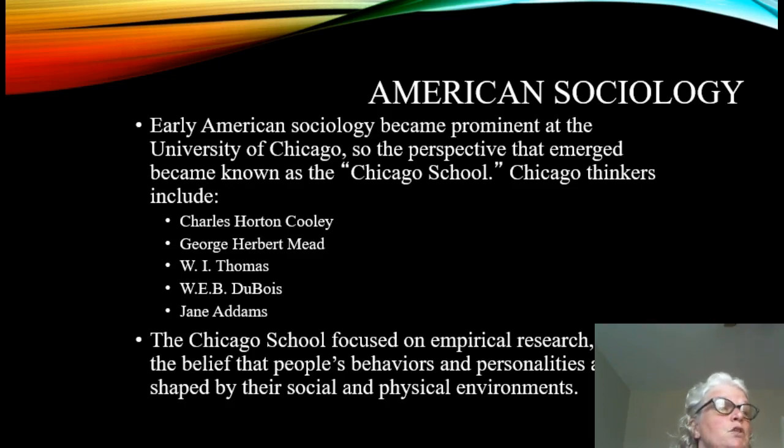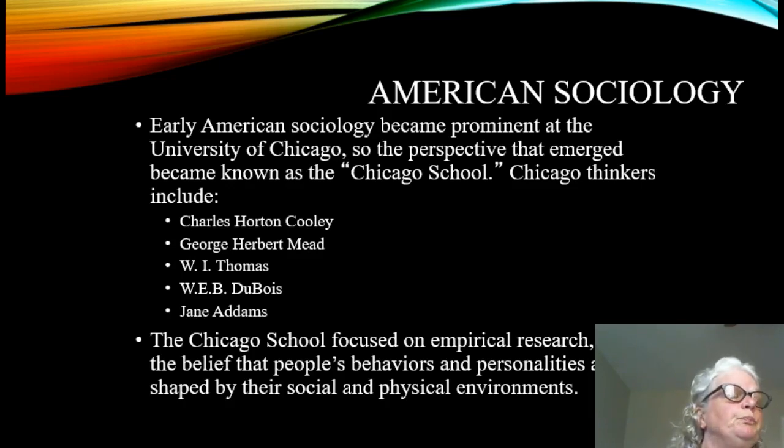Now, if you remember that picture at the very beginning of our course on the content page, you will see pictures of these people. Now, the Chicago School focused on empirical research, with the belief that people's behaviors and personalities are shaped by their social environments.